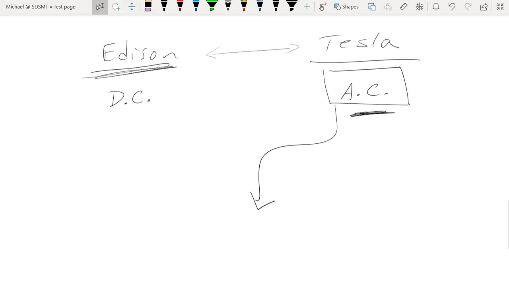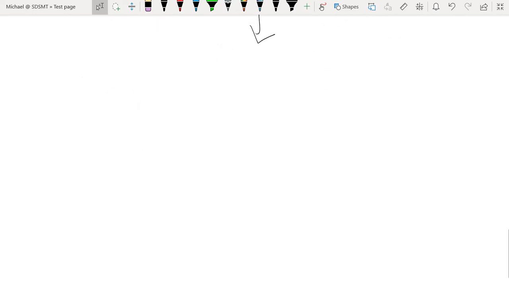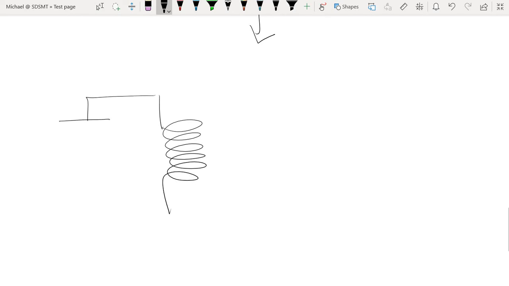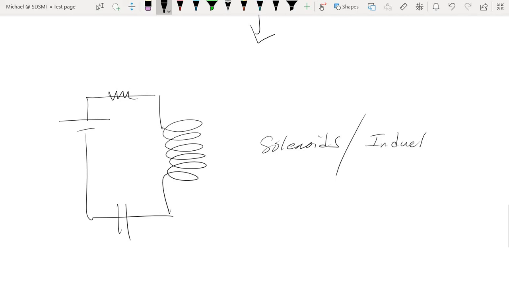For that video, we're going to take the idea of these coils, aka solenoids, and we're going to start hooking them up to electric circuits with resistors and capacitors and switches and batteries, and we'll see what happens when we start including those inductor coils, which is what we're going to call them, these solenoids, aka inductor coils.